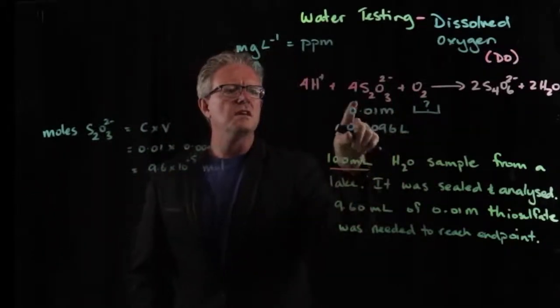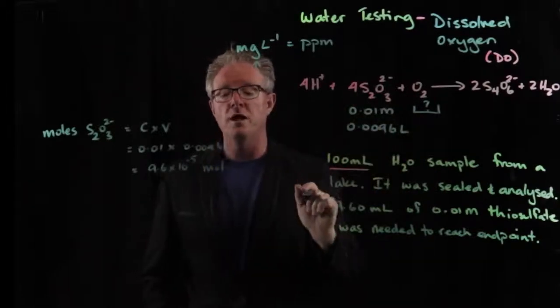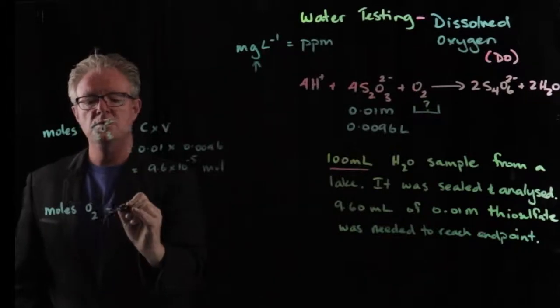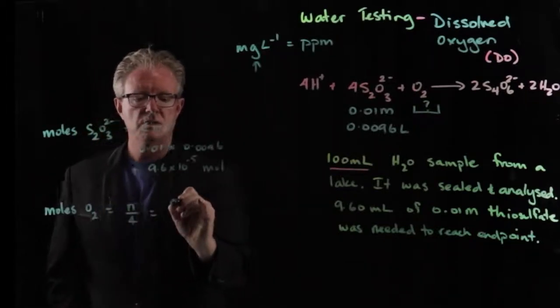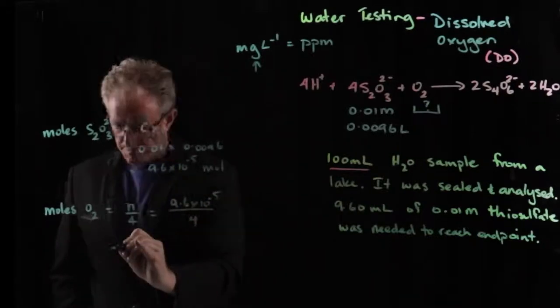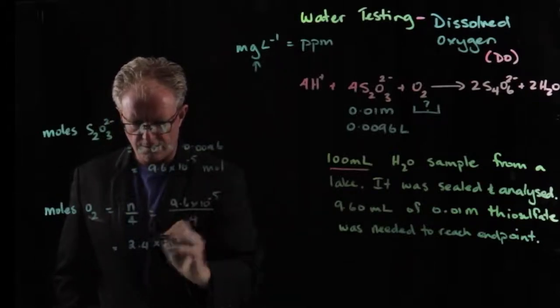So remember, this is the number of moles of thiosulfate. We've got a 4 to 1 ratio, so we have to divide by 4 now. So the moles of oxygen in the sample is the number of moles divided by 4, which is 9.6 times 10 to the minus 5 divided by 4. And if we do that, it's 2.4 times 10 to the minus 5.